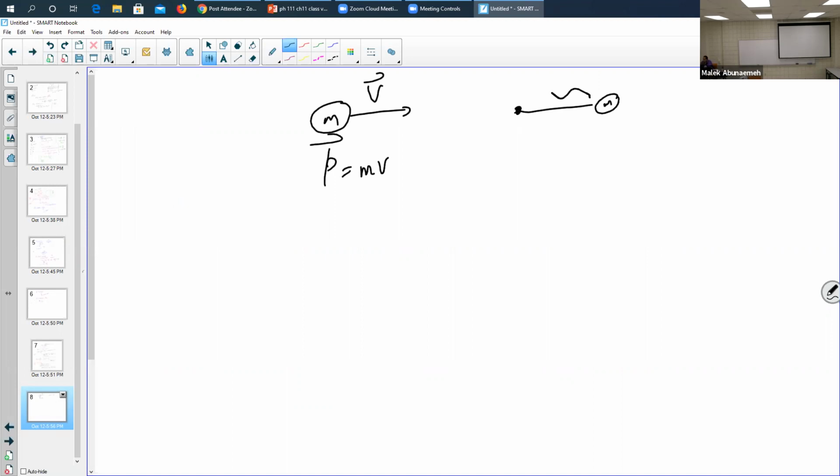That's your mass, that's going to be your r. And that's where we define the angular momentum. So the question is, how much momentum something has?